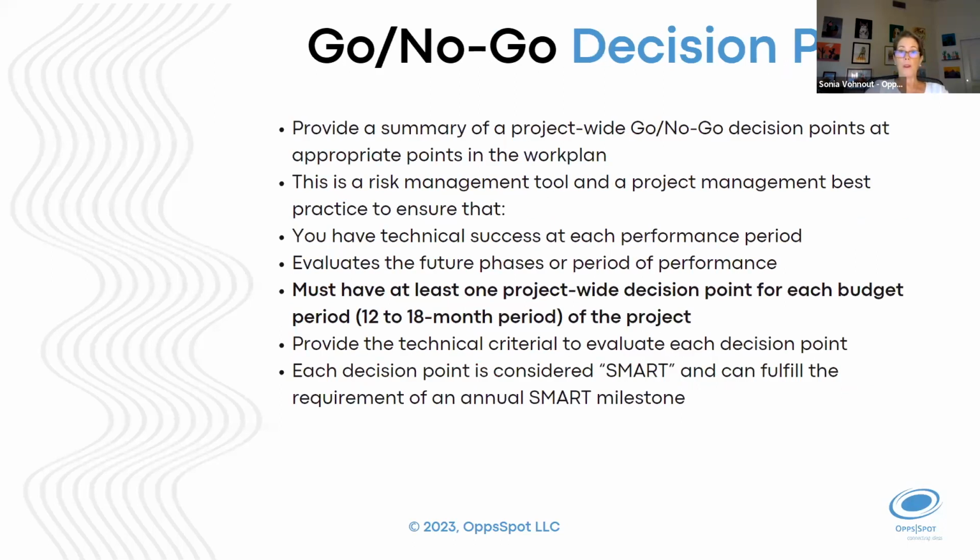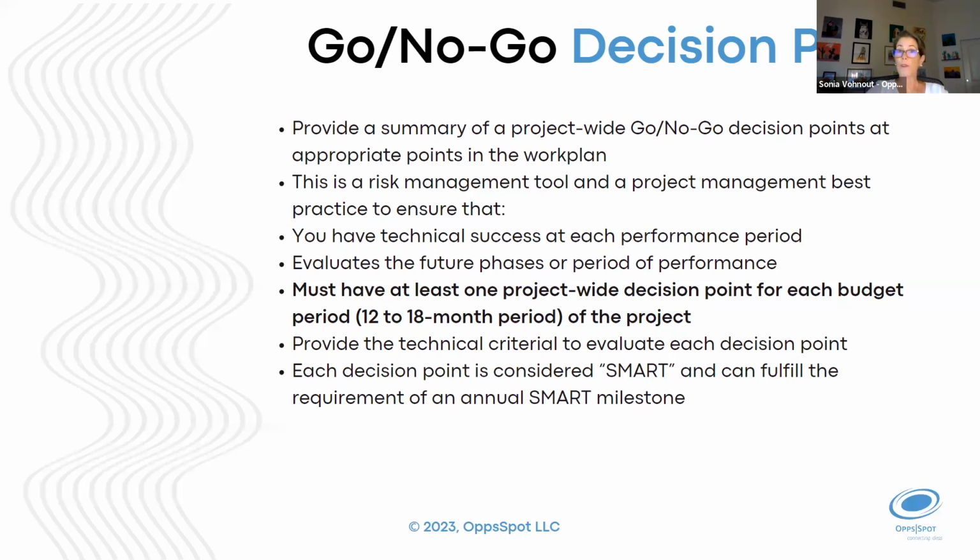So go and no-go decision points. Don't overly do this, because then you're going to find yourself overdoing the go, no go decision points, but they're going to be necessary when you're doing your risk management, especially when you're proving something is feasible or not. You might reach a particular milestone and say, I'm not going to achieve the performance requirements.